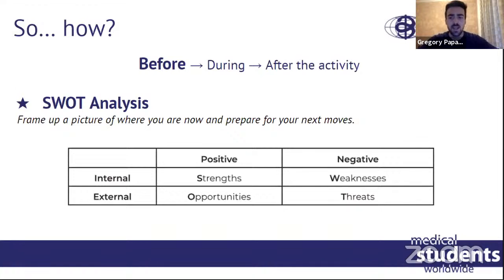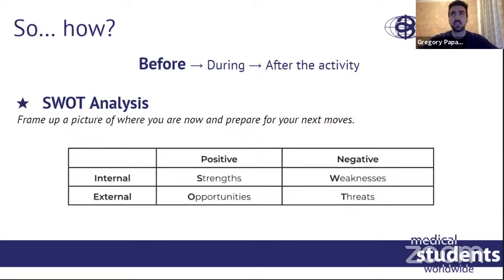I'm sure that most of you are already familiar with this. So it's in order to frame up a picture of where you are now and prepare for your next moves. So you write down your strengths and your weaknesses, which is the internal aspects, and the opportunities and threats, which are the external aspects.